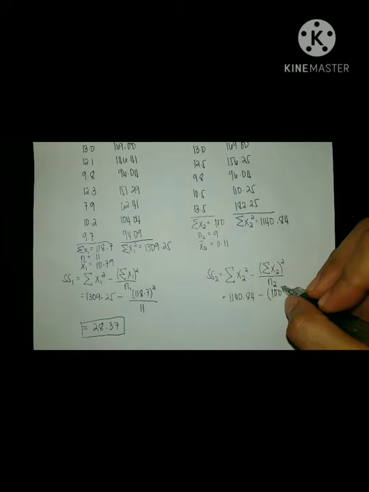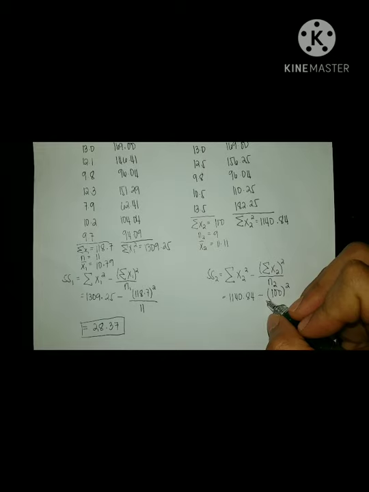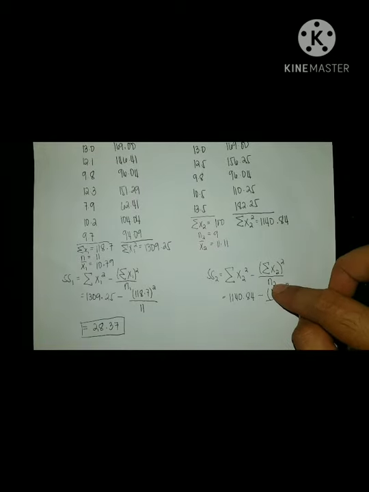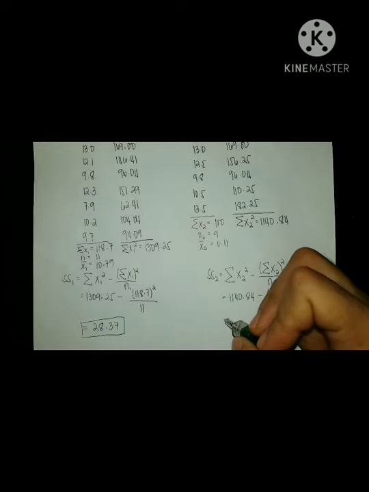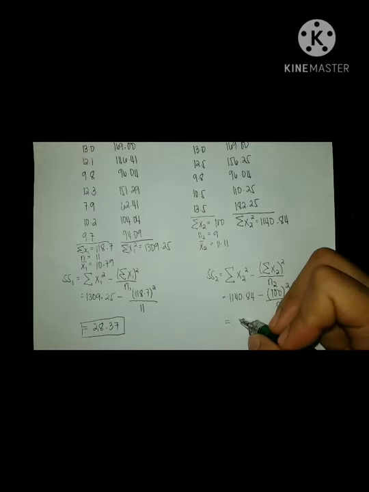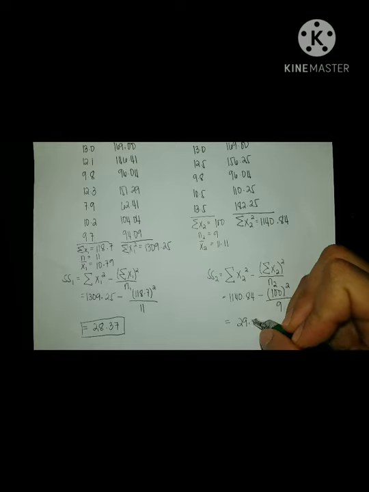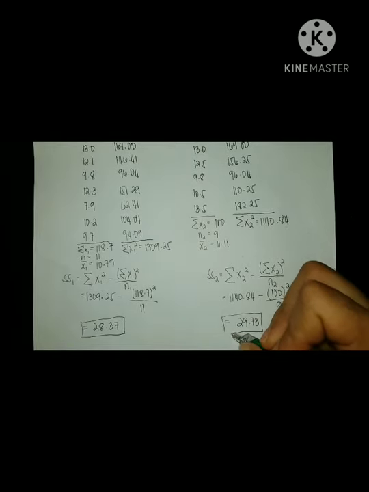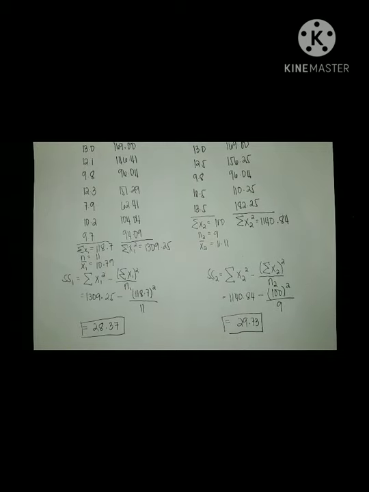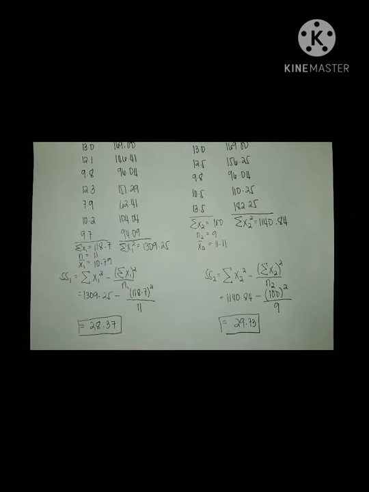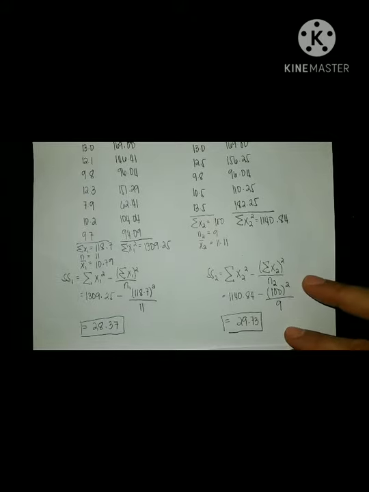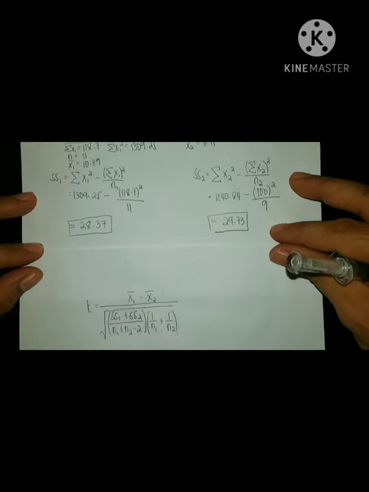So that will be 100 squared divided by n sub 2, which is equal to 9. So evaluating it further, that will be equal to 29.73. So we now have the sum of squares of the two groups. Now let us solve for the t-test.